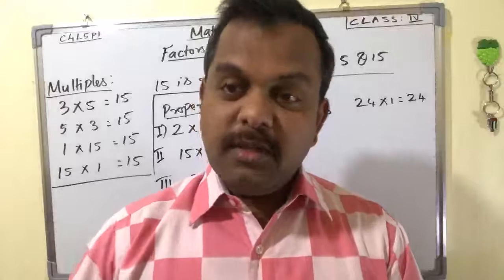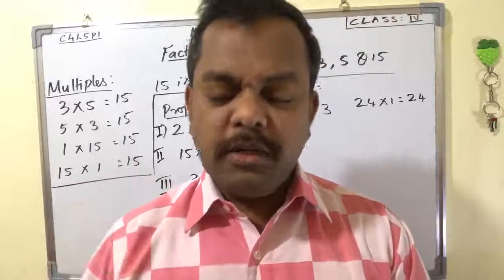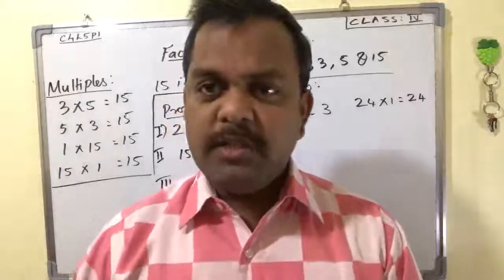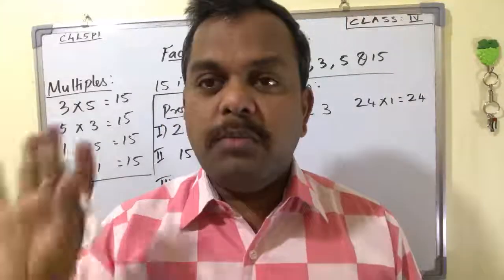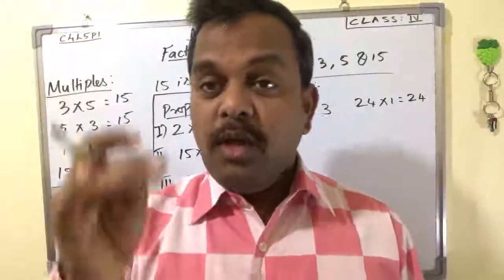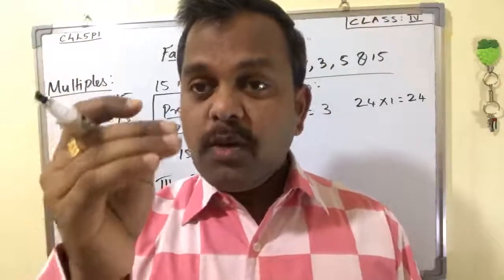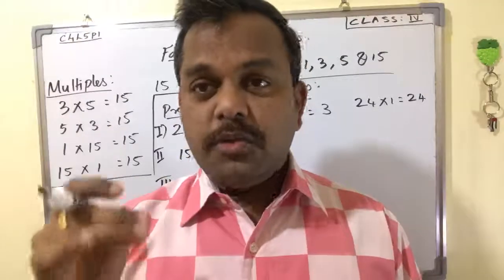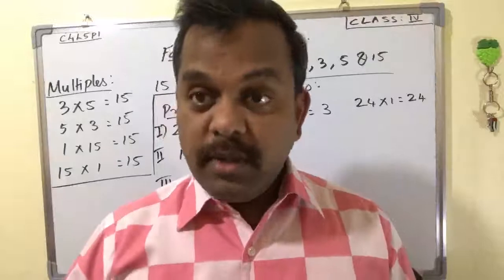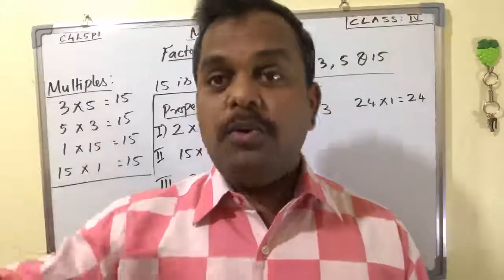Then 100 into 2, 1000 into 2, 1 lakh into 2. So there is no limit for multiples. It will go on, uncountable. When you are learning table 2, usually we learn 1 to 10, some students learn 1 to 15, but we can go more than that also.